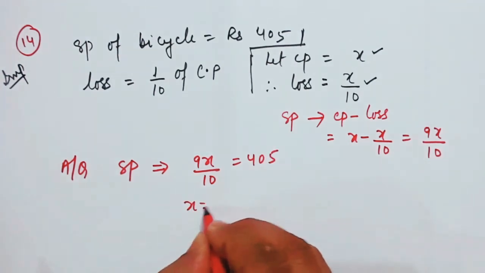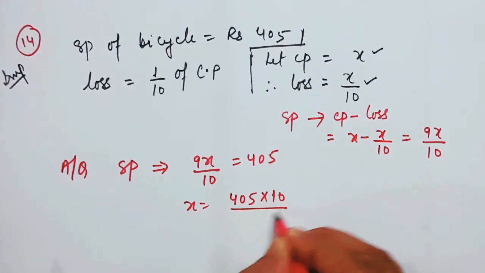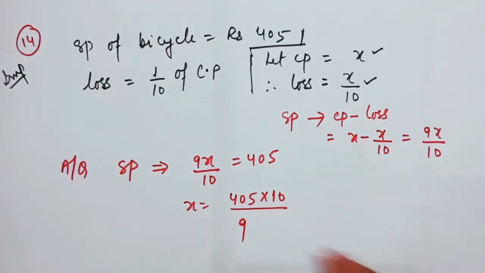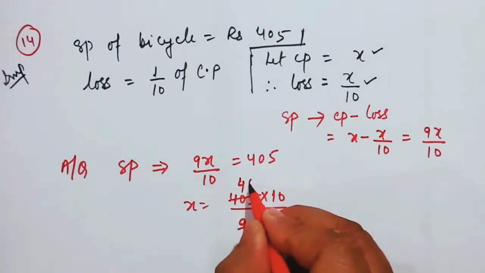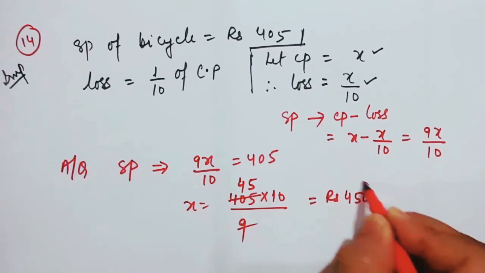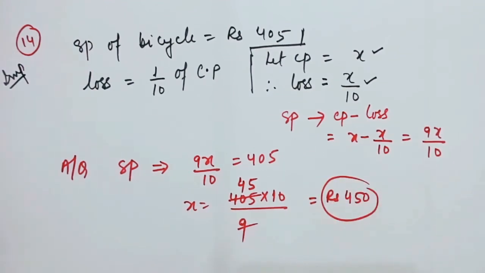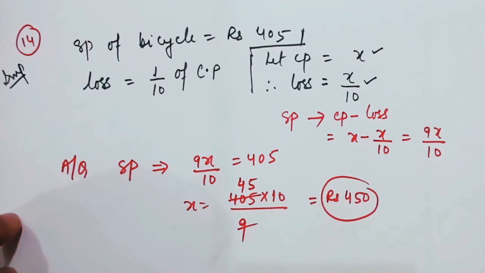So X will be equal to 405 multiplied by 10 divided by 9. 9 how many times? 9 4 times 36. 9 5s are 45 equal to rupees 450 is the cost price of the article, because X is the cost price है ना. ठीक है, चलो क्या बात है.